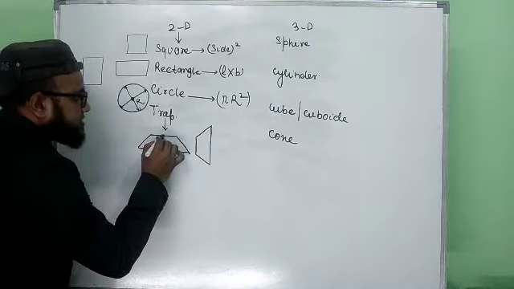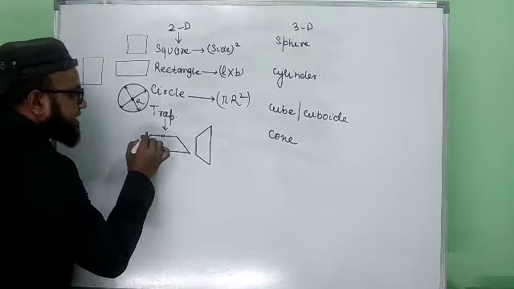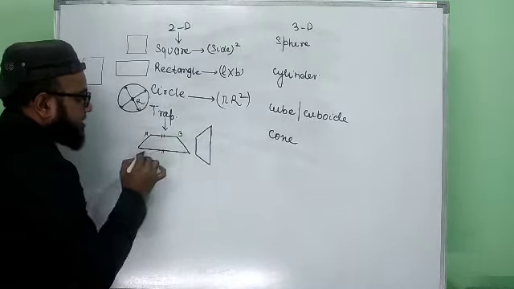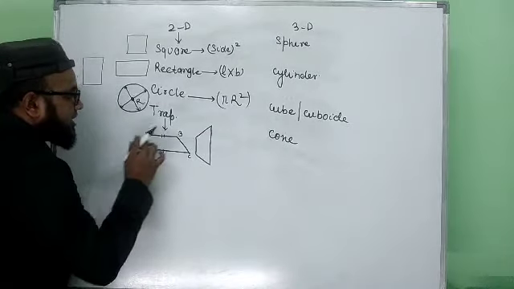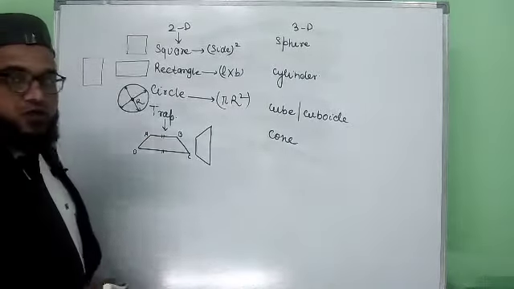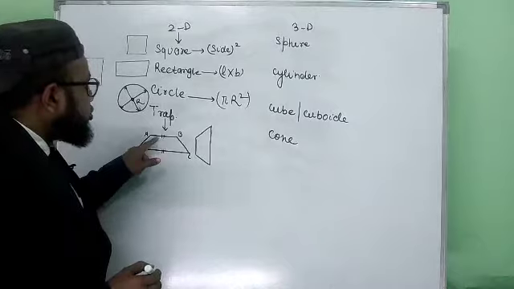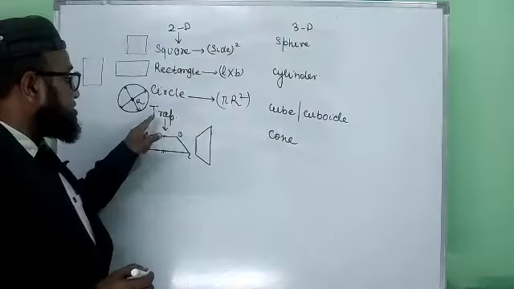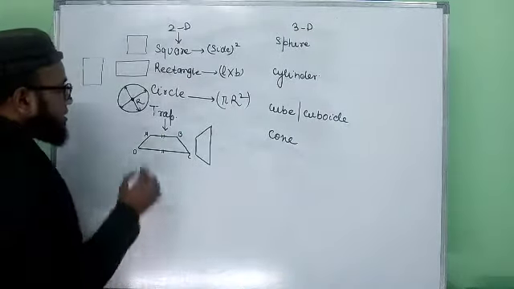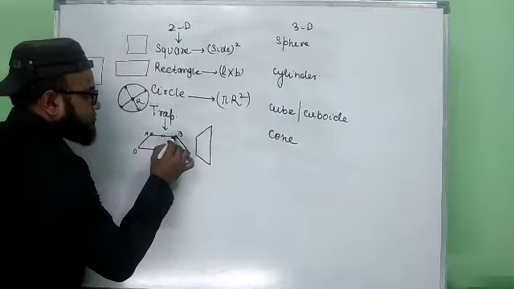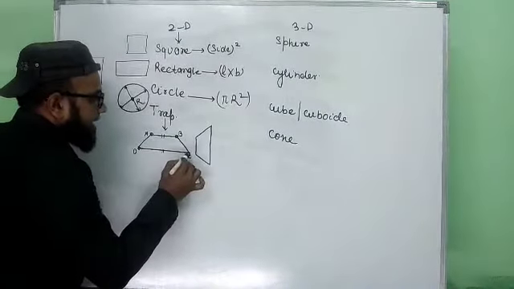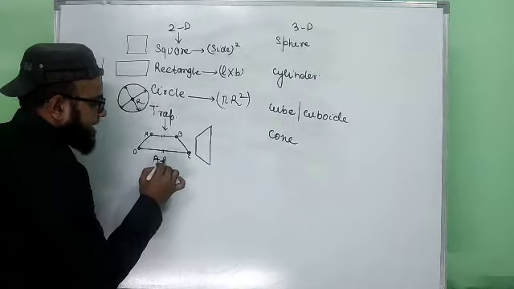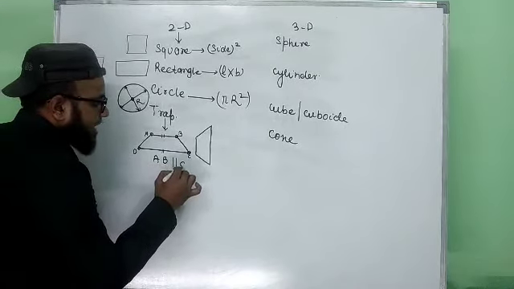Take an example of points A, B and C, D. In the trapezium, AB and CD are parallel. That is the condition of a trapezium. What is the condition of a trapezium? Side AB is parallel to side CD.